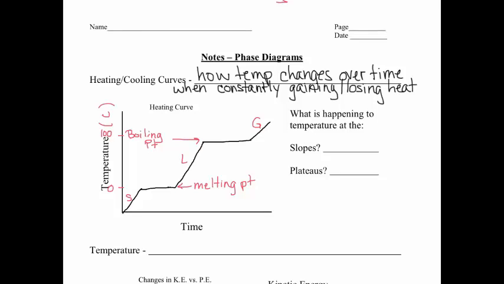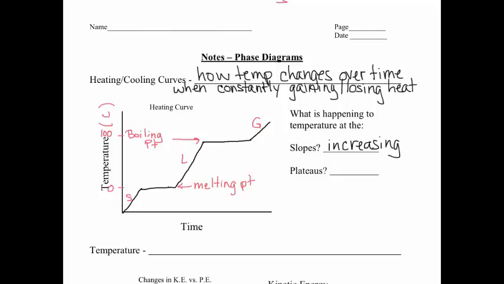What is happening to temperature at the sloped sections, which is the question over here on the right? So the slopes are those that look like slopes, those that have a slope greater than 0. And what's happening is temperature is actually increasing.